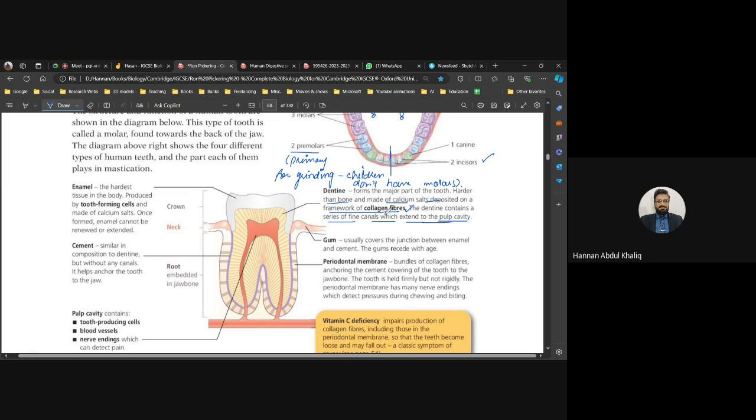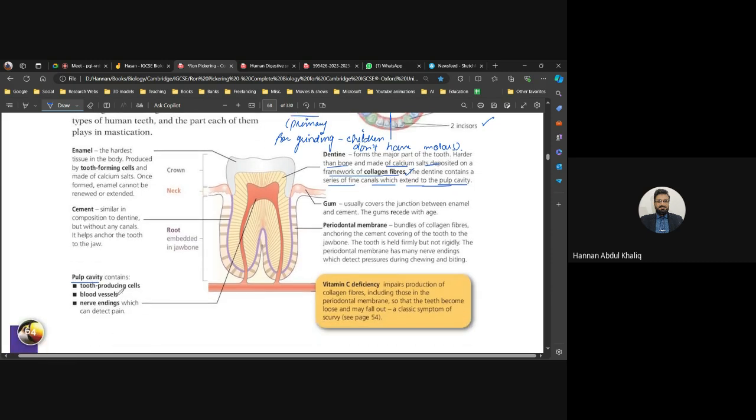Once the enamel is broken, these canals can be filled with the bacteria, and the bacteria can literally move into your pulp cavity. The pulp cavity has tooth-producing cells, blood vessels, and nerve endings.